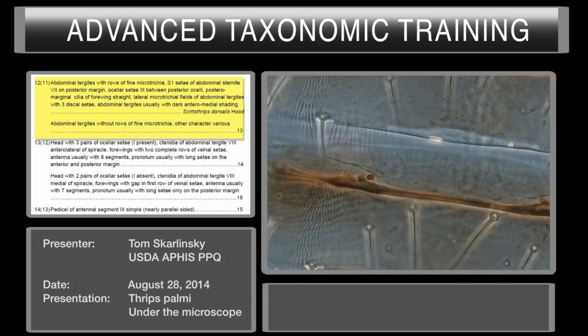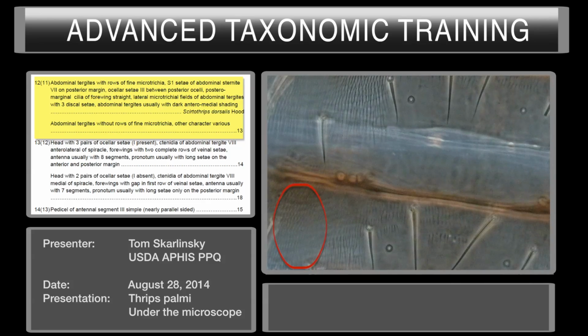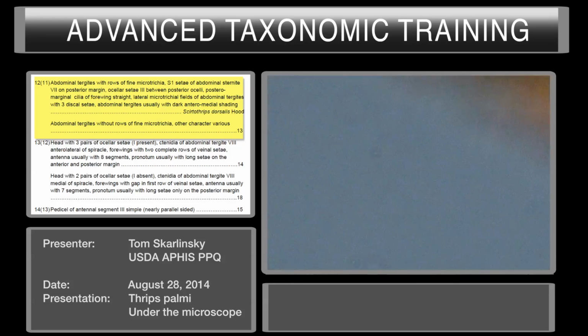Let's point at these microtrichia; they almost look like lines, but they're actually small miniature setae all along here. Obviously you can see a typical seta, which is manyfold longer than the microtrichia.